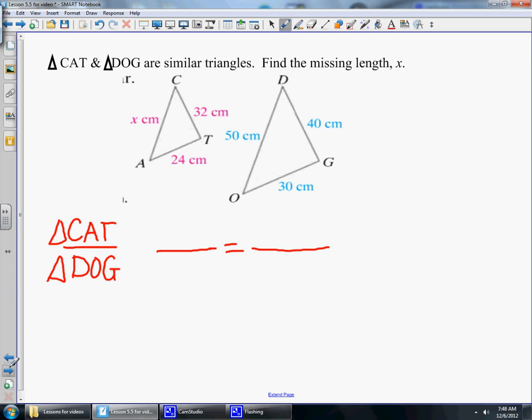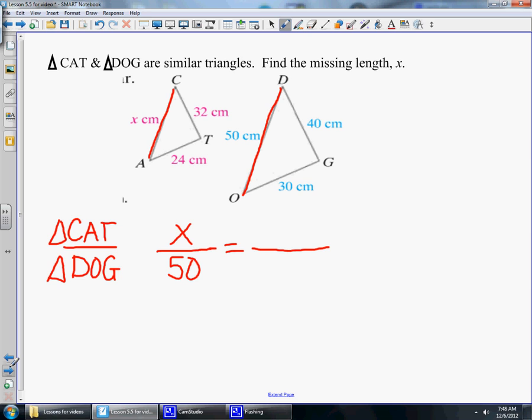So what we're looking for is the length of this side right here, CA, which is X centimeters. We will put that in the numerator because that comes from triangle CAT. What side in triangle DOG corresponds to that? That would be side DO. So we're going to put that in the denominator. In the first fraction, they're corresponding sides.